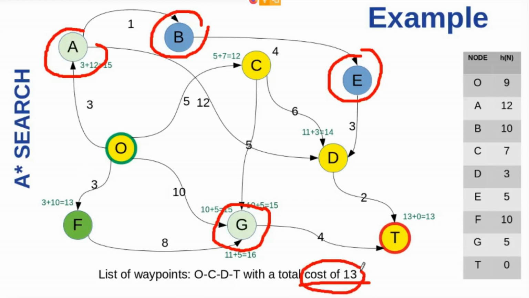result, right? It may happen in the future that you may find an example where the A-star search algorithm will not result in the same minimum value as the Dijkstra algorithm. So sometimes it may happen that the Dijkstra algorithm will result in a lower total cost than the A-star algorithm.